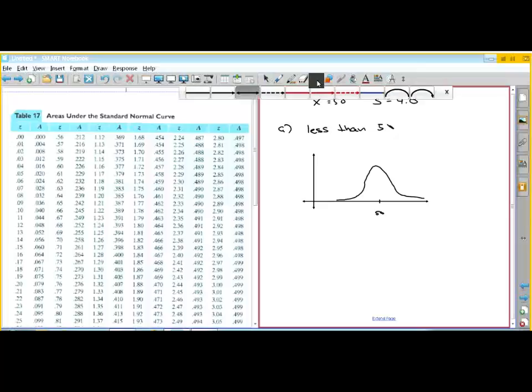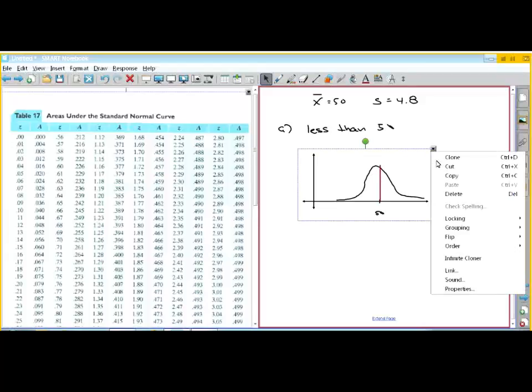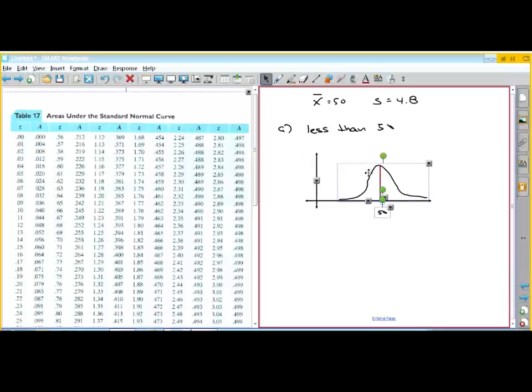So we'll draw a vertical line here at 50, and I'm going to actually move that just a little bit. So let me actually ungroup that for right now, and I'll regroup it after I get everything. So I'm going to actually center that around that red thing.